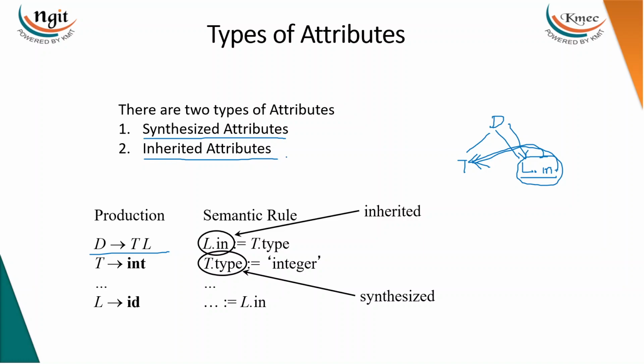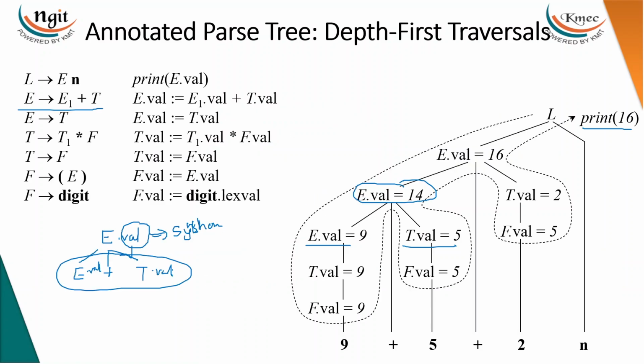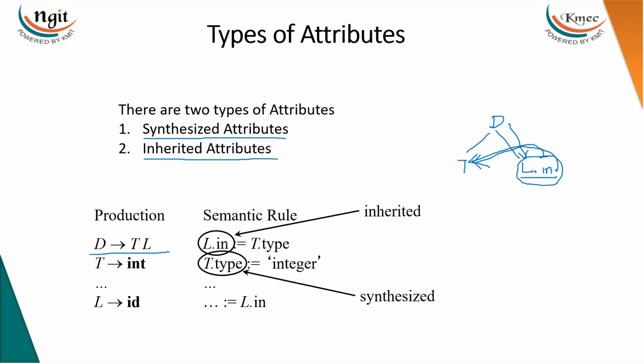According to Java, what is inheritance? Deriving the properties from parent. Same way, if the value is evaluated either from the sibling or from the parent, we can say that it is inherited. If the value is evaluated from the children, then we can call it synthesized. Synthesized means children. Inherited means sibling or parent.